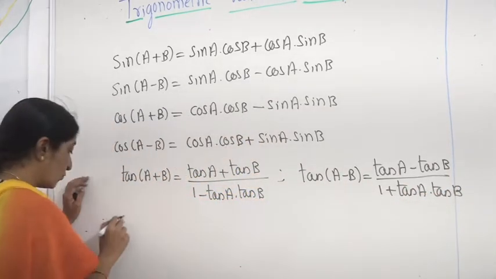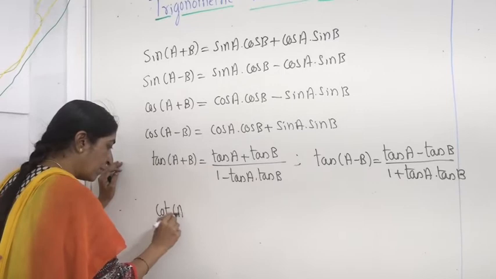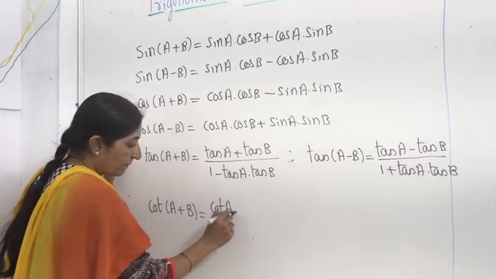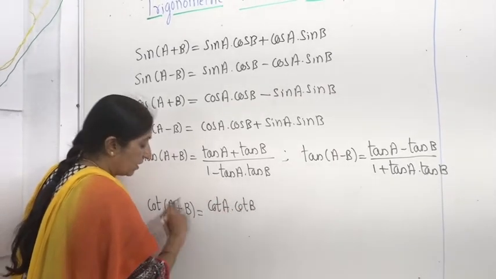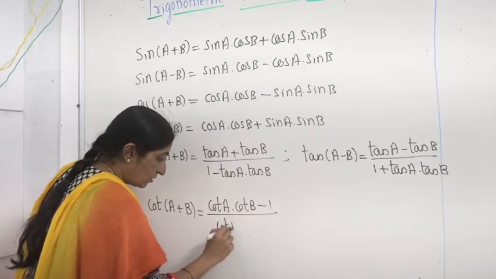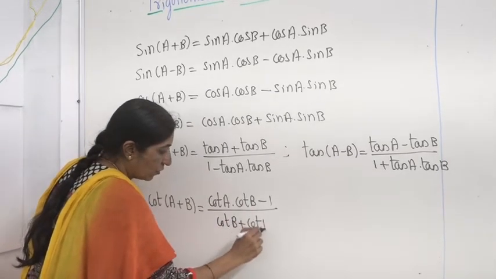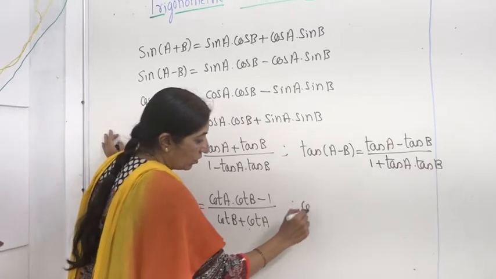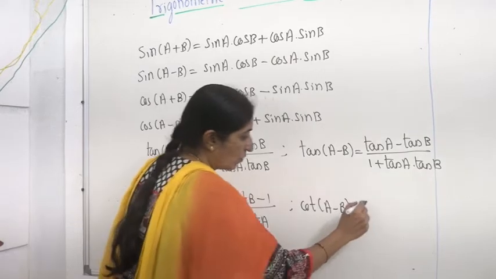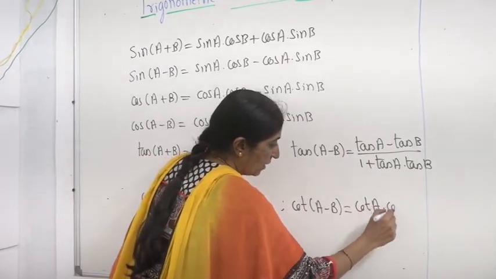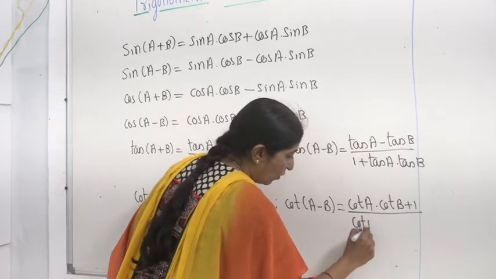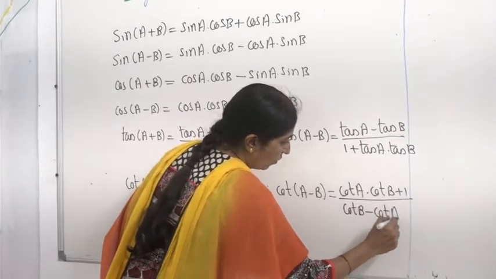Then moving to the next, cot(A+B). Mark this: it is (cot A cot B - 1) / (cot B + cot A), where the plus comes to minus. And cot(A-B) = (cot A cot B + 1) / (cot B - cot A).